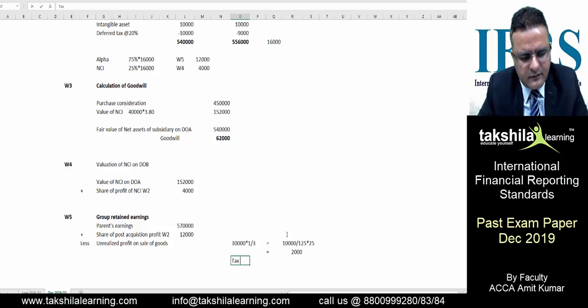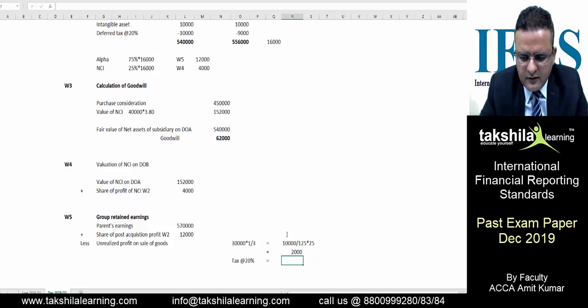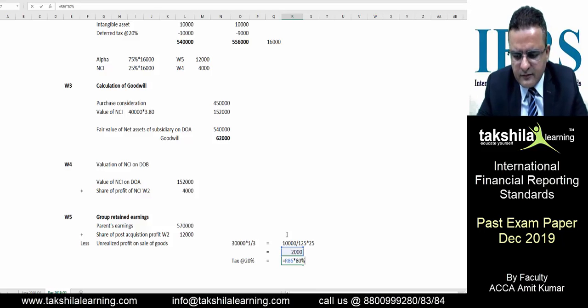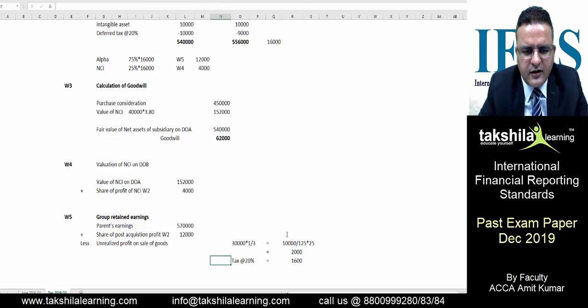Tax at the rate of 20%, $2,000 into 80%. 1,600 is the unrealized profit to be eliminated. Minus 1,600 is the unrealized profit to be eliminated on sale of goods.